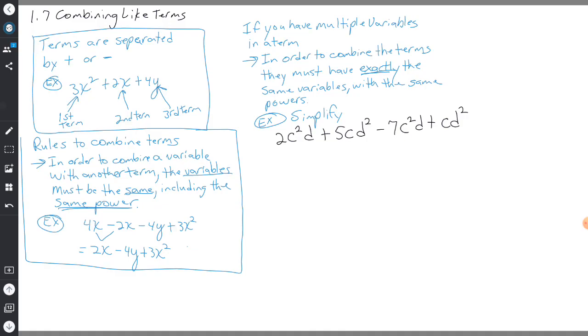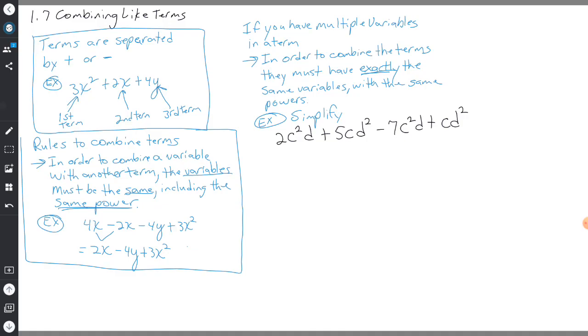So we start with the first term, and we look for exactly the same variables with the same power, if there are any. So is there anything that we can combine this first term with?